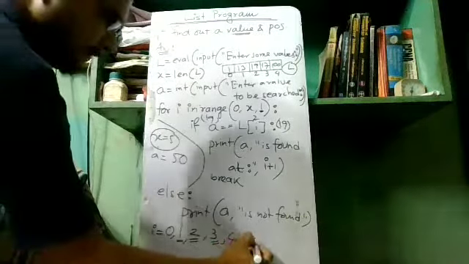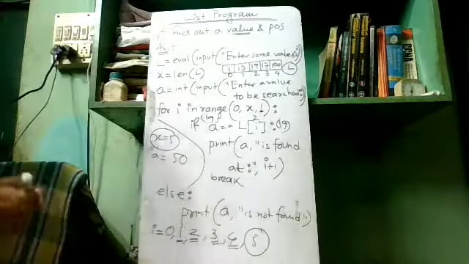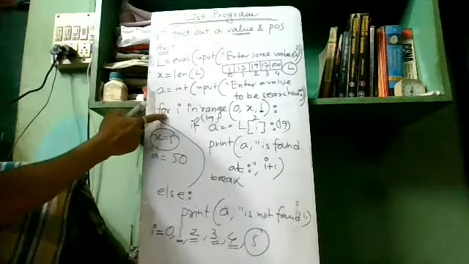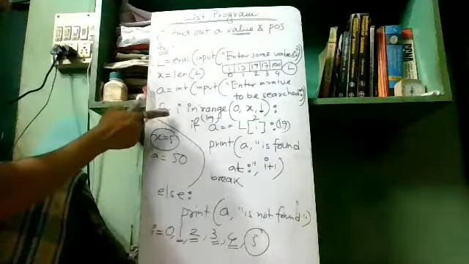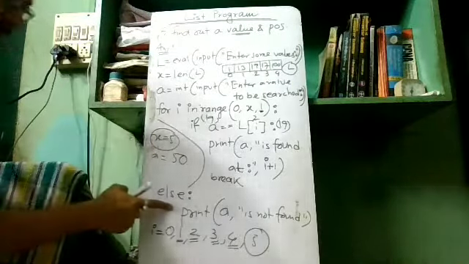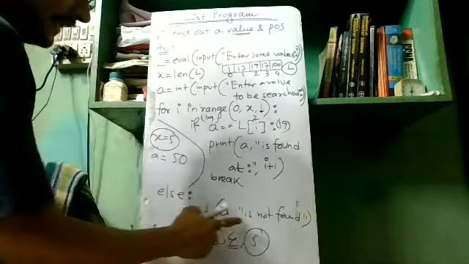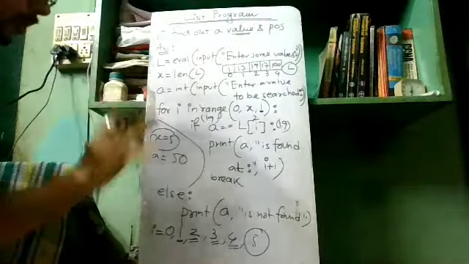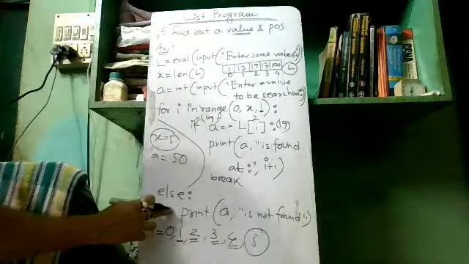When I will be 5, normally we will come out from the for loop. When we normally come out from the for loop, then we go to else part. Then it will be printed that 50 is not found. So remember, when you are normally coming out from the for loop, then you will go to else part.